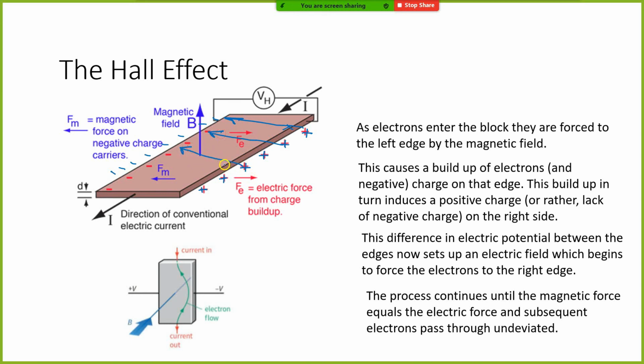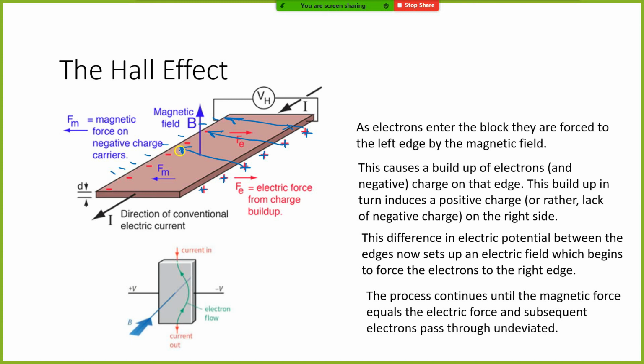But we don't stop there. What you're going to see occurring, guys, is that as the current continues to flow, more and more charges are going to be accumulated on this side. And when that occurs, it's going to change the electric field.